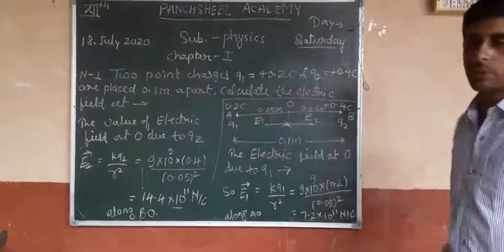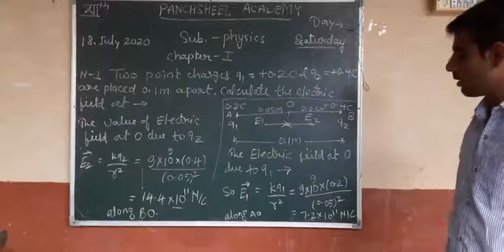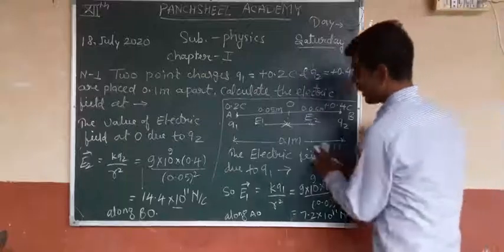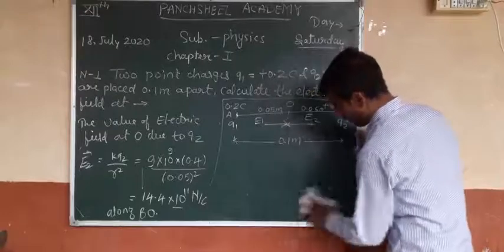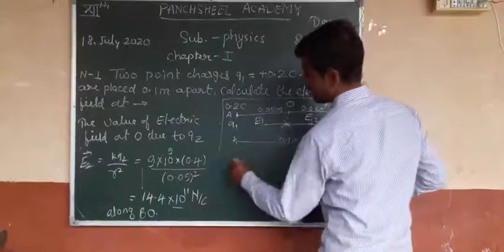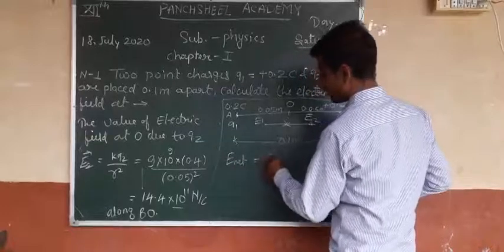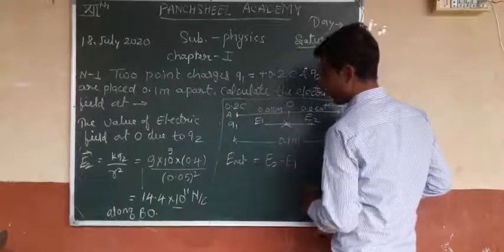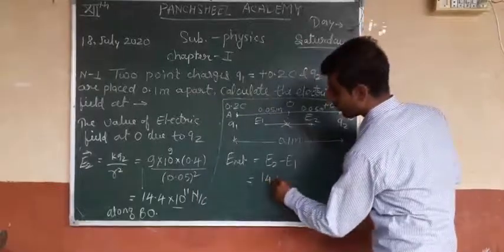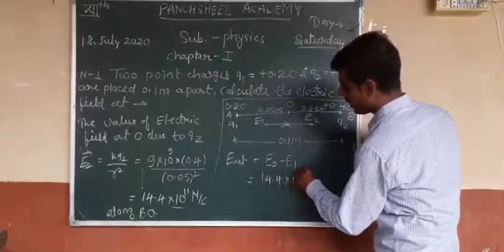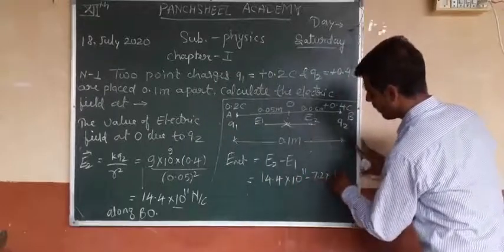14.4 into 10 to the power 11 is the more value. So you can get the resultant value of electric field, that is E net equal to E2 minus E1. Why E2 minus E1? Because E2 is the more value. So 14.4 into 10 to the power 11 minus 7.2 into 10 to the power 11.